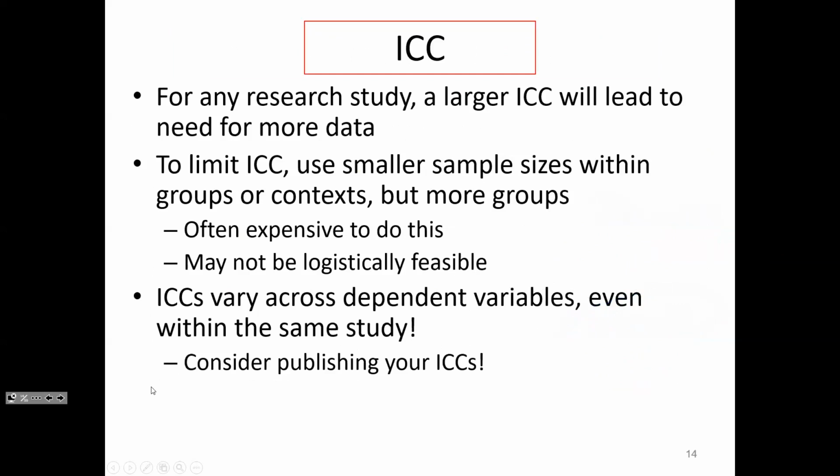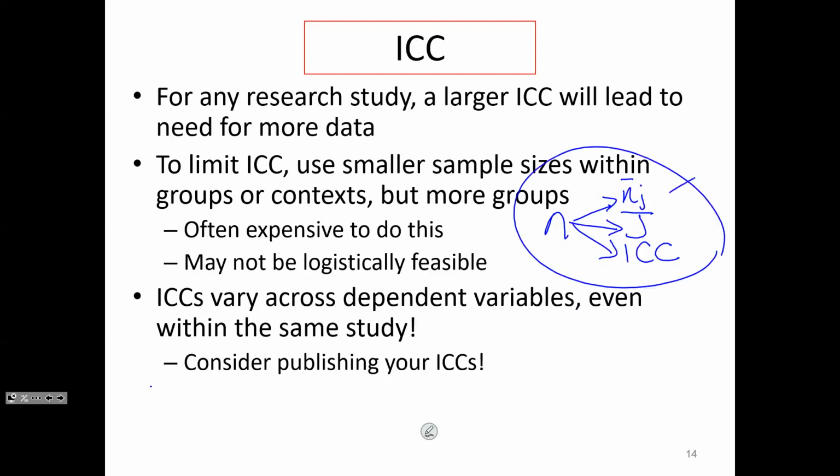Before, we said we needed to think about sample size, N. But now I need to think about the average number of people per cluster, the average number of clusters, and the ICC, which tells me about the dependence of observations within a cluster. All three of these elements work together to determine the sample size requirements. And I'm also still going to need to know about effect size, obviously.